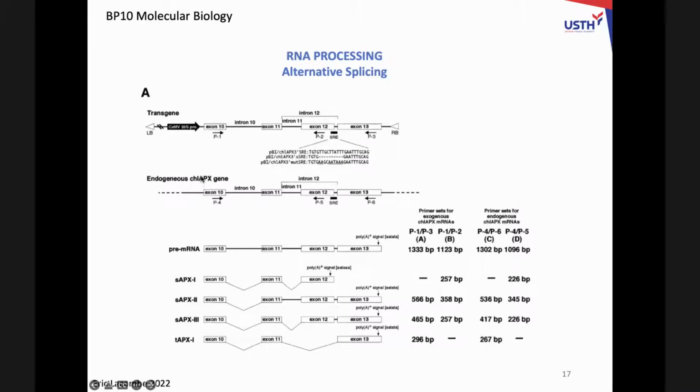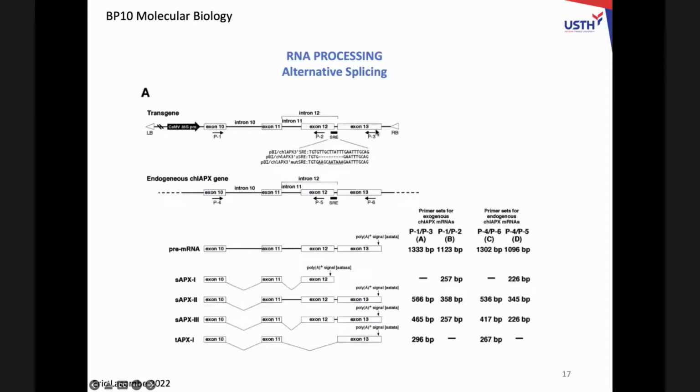APX stands for ascorbate peroxidase. It's an enzyme that is implicated in detoxifying oxidative stress in plants. It's very important. And there is only one gene that exists.